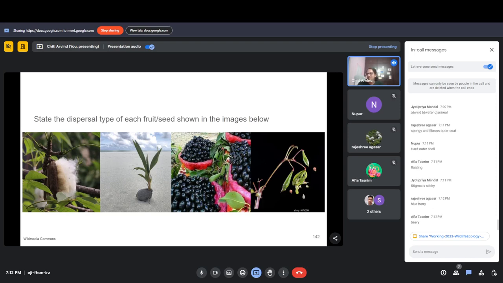It's a berry and it's found in India. Any guesses what it looks like? You can see by the leaf. Right, it's a jamun. And jamun is mostly dispersed by a lot of animals, right? They could be birds or mammals. So jamun is dispersed by animals.